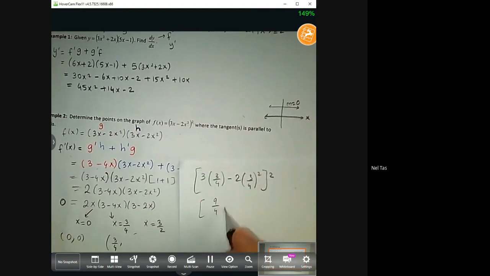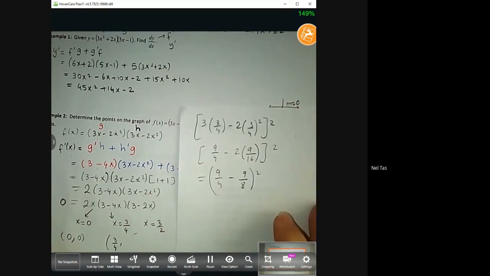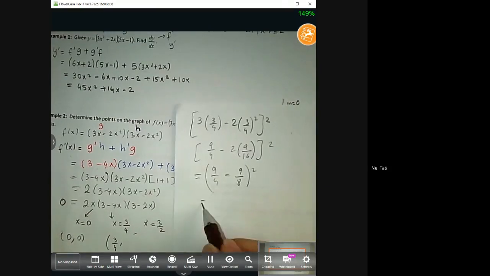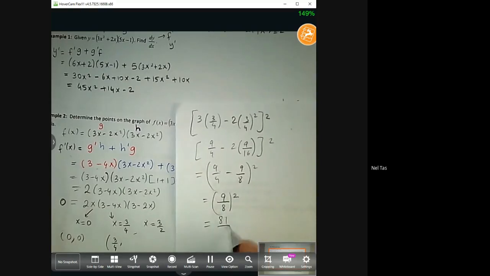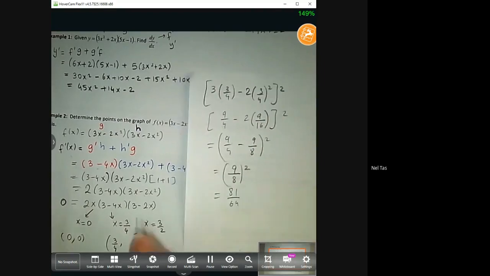So 9 over 4 minus 2 times 9 over 16. That gives you 9 over 8 squared, which gives you 81 over 64. The y coordinate of this point is 81 over 64.